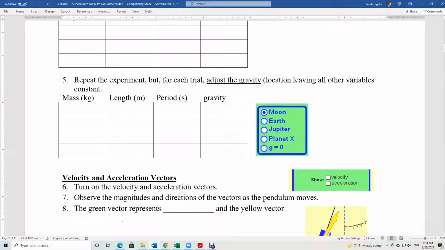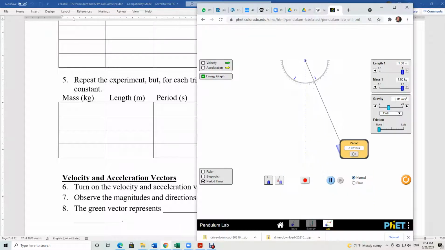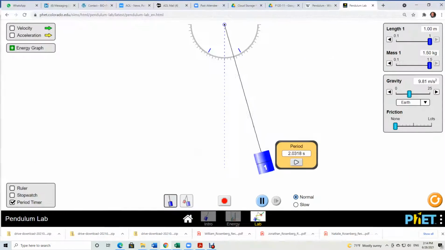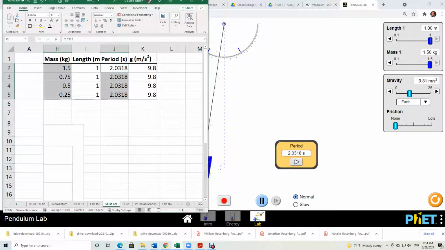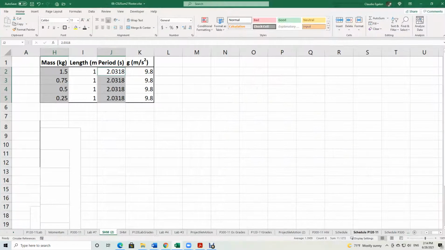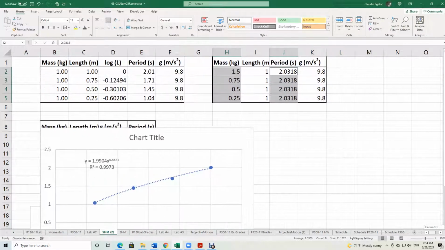Let's do one more. Now we are going to repeat the experiment at different planets for different acceleration of gravity. So you can see that there is a dependence on the acceleration of gravity. Going back to the simulation, here you go. And also to your spreadsheet. I have my spreadsheet right in here.